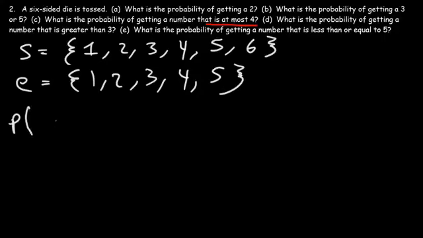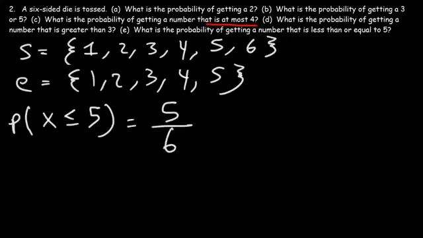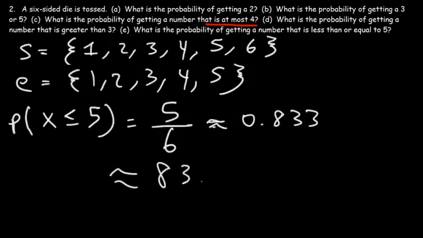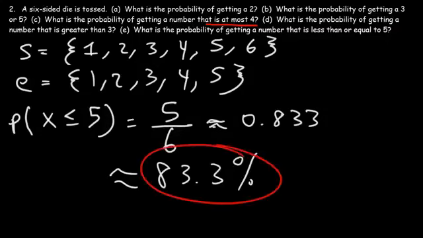So the probability is going to be 5 favorable outcomes out of 6 potential outcomes. So 5 over 6 is 0.833 repeating. So let's put approximately. So there's an 83.3% chance of event E occurring.